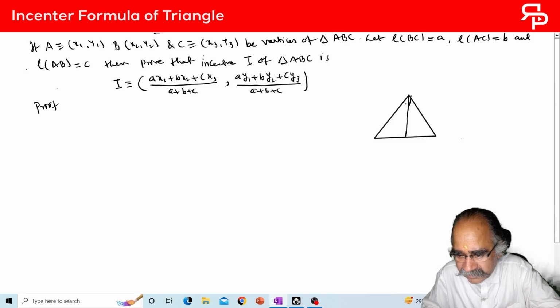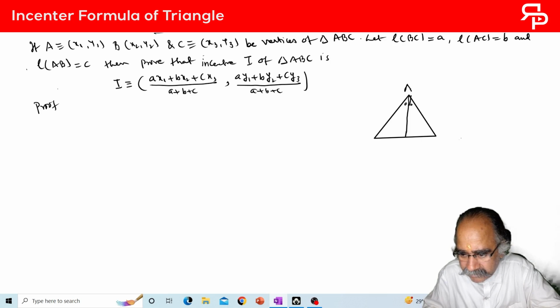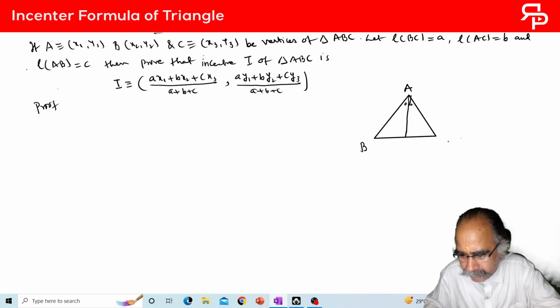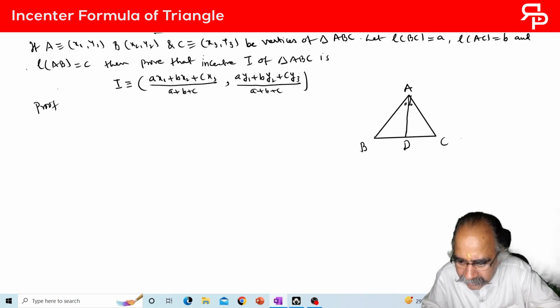It bisects the angle, which implies that these are equal angles. In triangle ABC, AD is one angle bisector and BI is the other angle bisector.